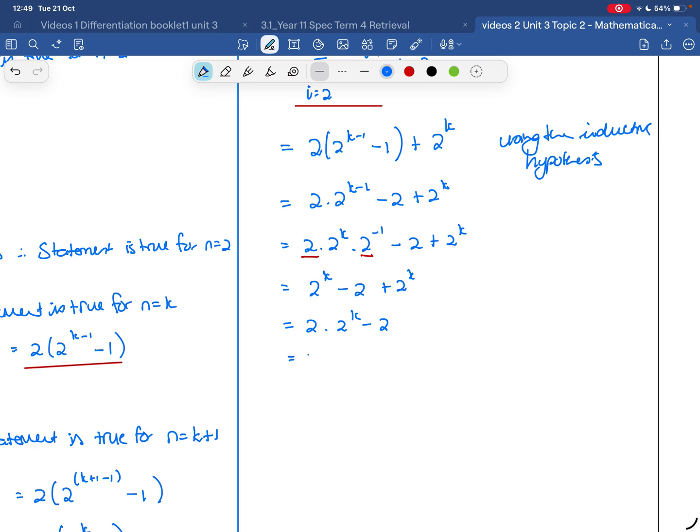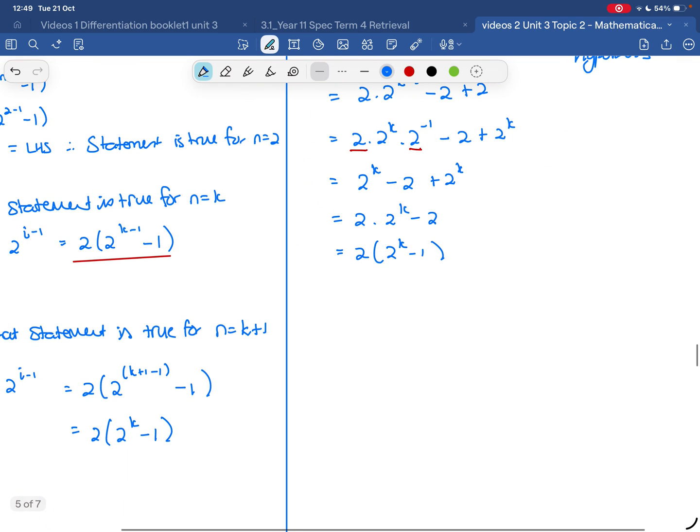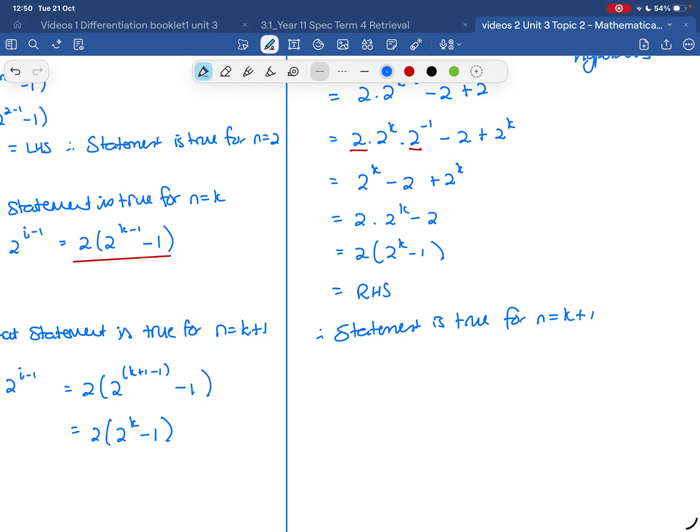And I can take out a common 2, so it's 2 times (2^k - 1). And I go back and I think, oh, good, that's my right-hand side. So that's equal to my right-hand side. So therefore, my statement is true for n equals k plus 1.